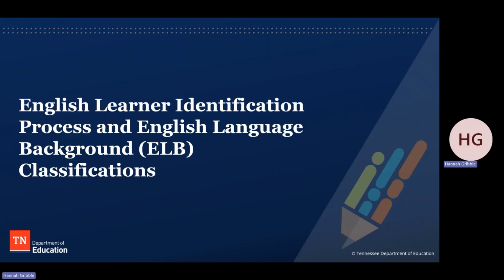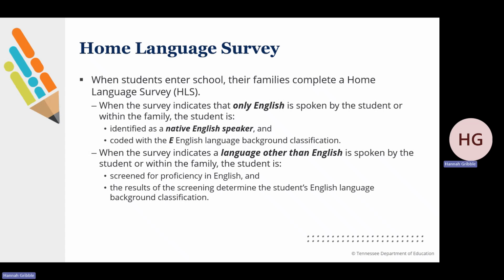Let's begin with our English learner identification process and English language background classifications. When students enter school, their families complete a home language survey. When the survey indicates that only English is spoken by the student or within the home, the student is identified as a native English speaker and coded with the E English Language Background Classification.